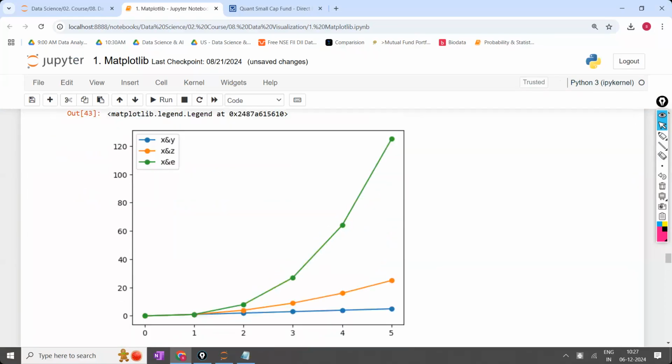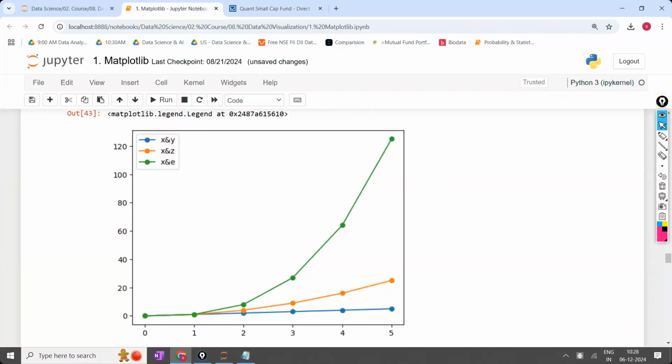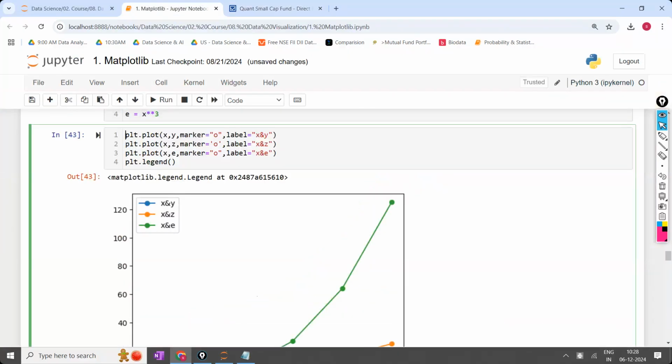By adding the legend, you can see what is blue, what is orange, what is green color. That is the representation of legend. For legend, you first have to write the labels. Without labels, if you add legend, it will not print. After writing the labels only, legend.